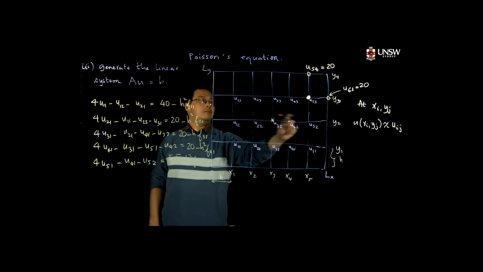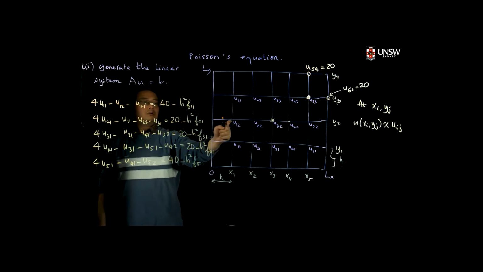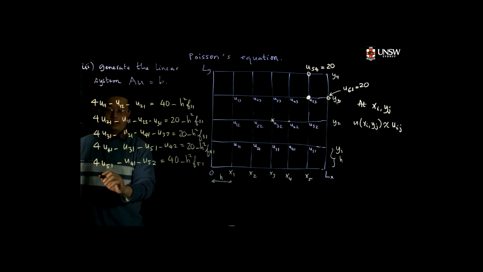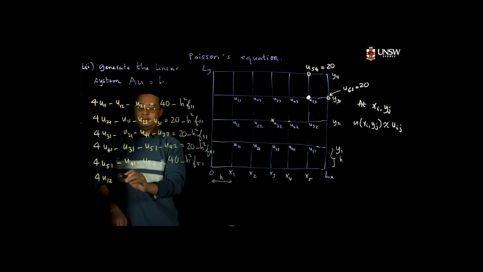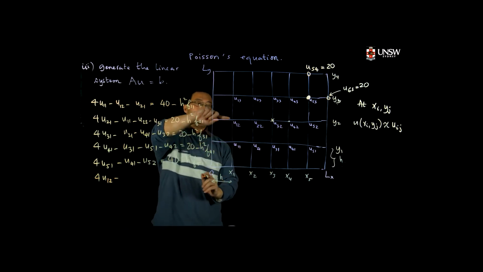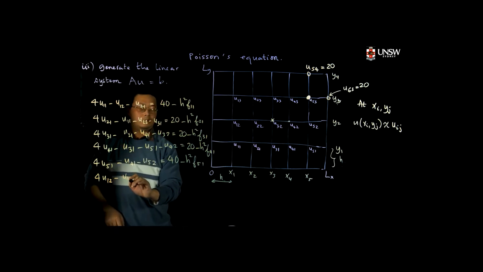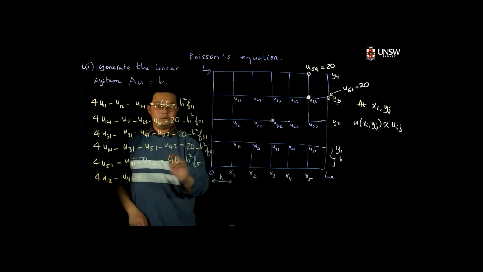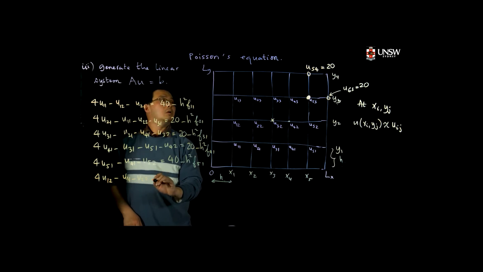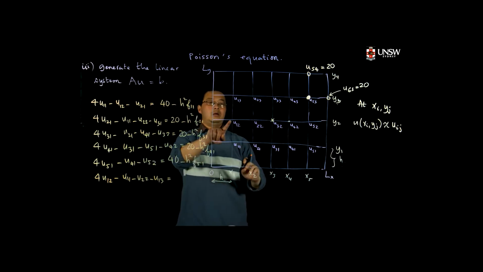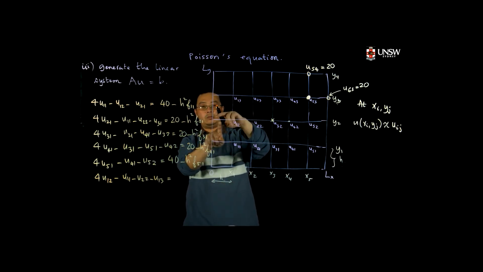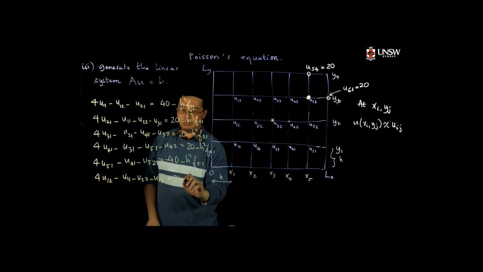Okay, and now you have to do the same for U12, so you have 4 U12 minus the 3 neighbors, so you have U11, minus U22, minus U13, and because this one is 20, minus h square f12.